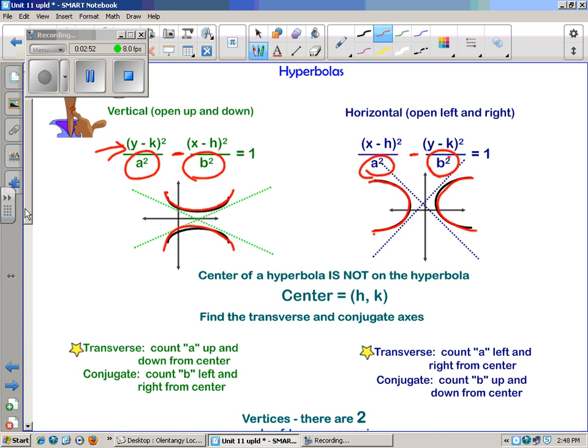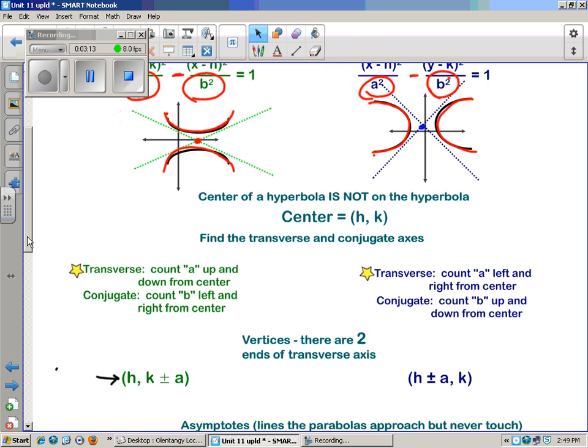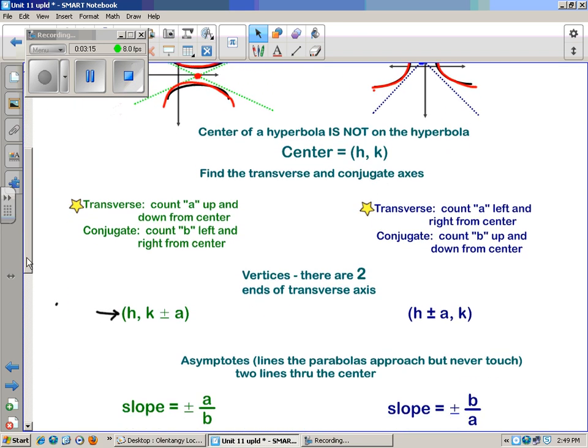So the center is between them. In this hyperbola, the center is right there, and in this hyperbola over here, the center is right there. And then we have what we call the transverse and conjugate axes, which we're going to talk about in a minute. So hold on to those. It's not hard. It just has an ugly name.